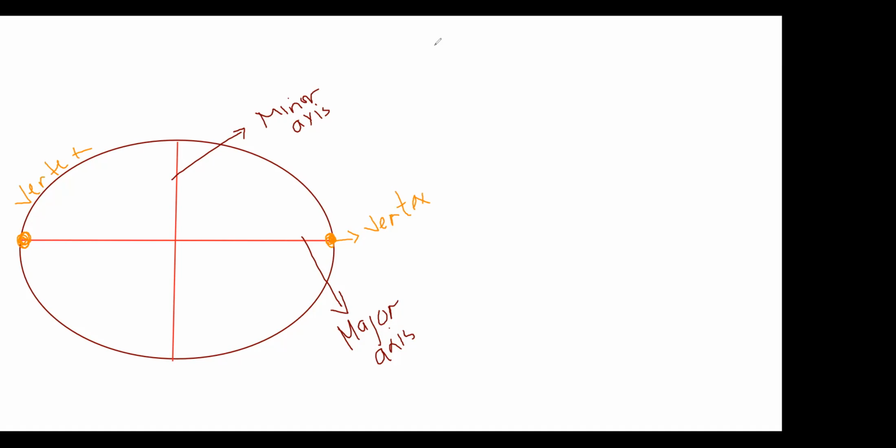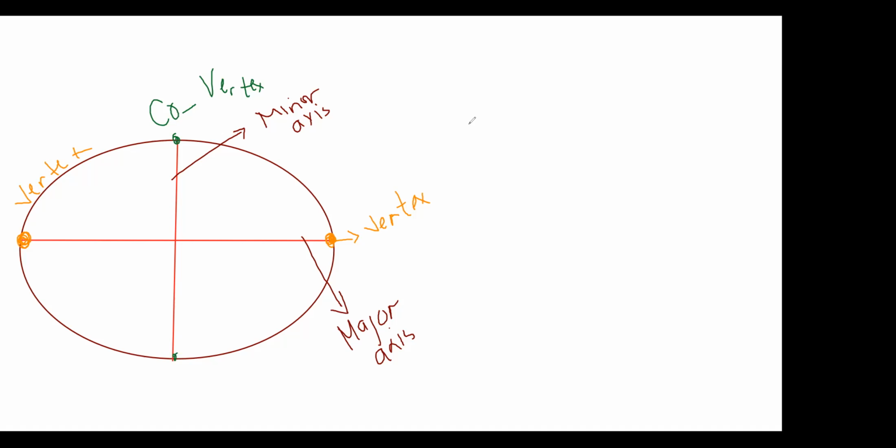And on the minor axis, the endpoints of the minor axis, we name the co-vertices. The vertices are on the major axis, but the co-vertices are on the minor axis.